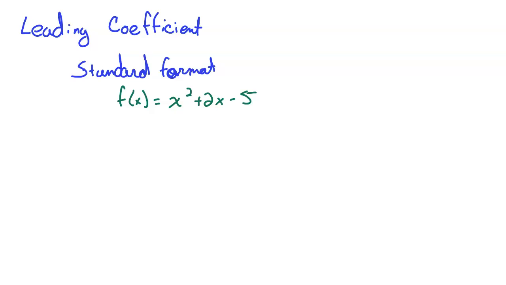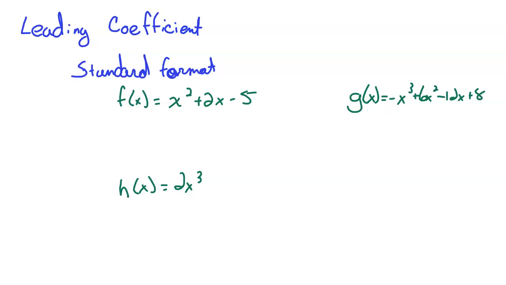Or maybe it might look like g of x is equal to negative x to the third plus 6x squared minus 12x plus 8. Or maybe it looks like h of x is equal to 2x to the third minus 3x squared.